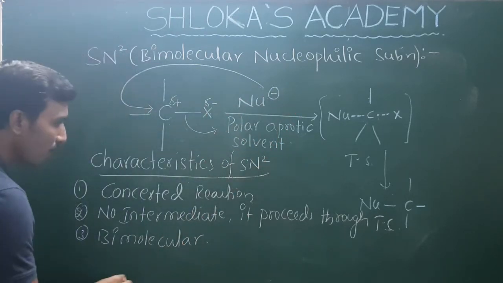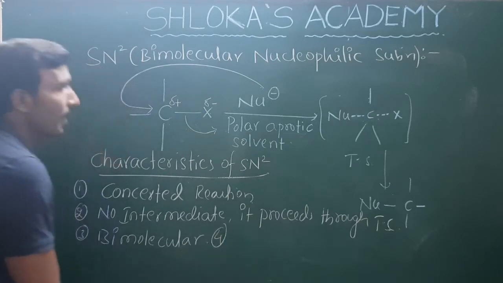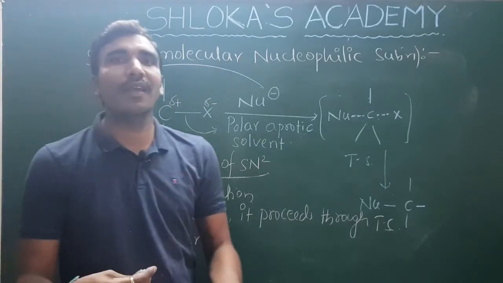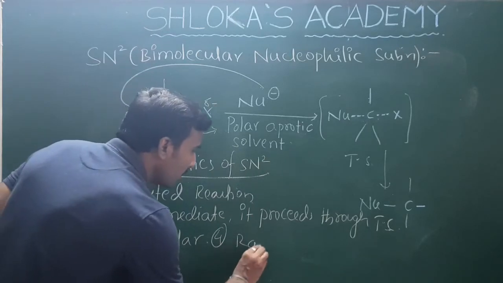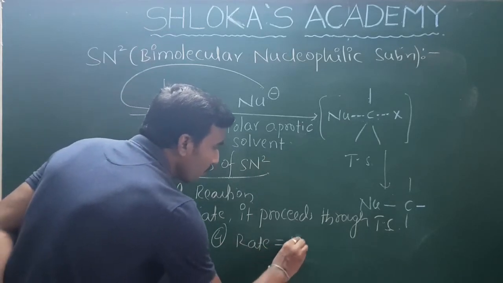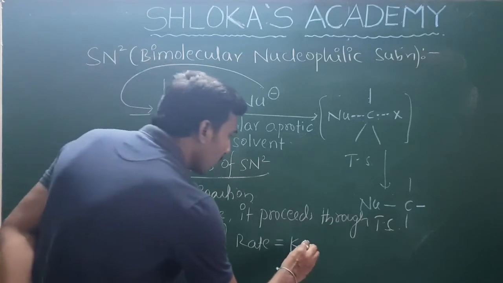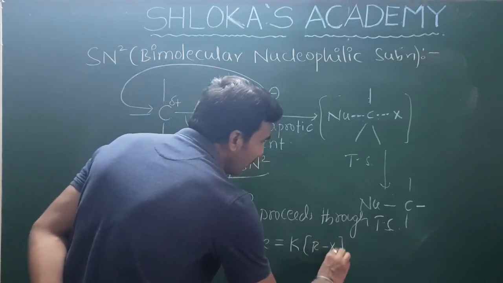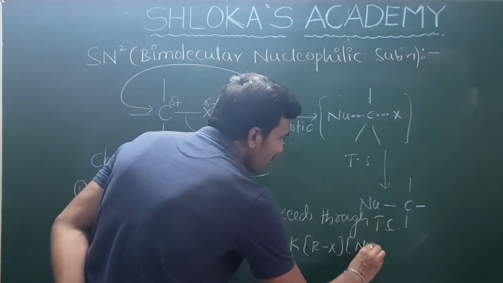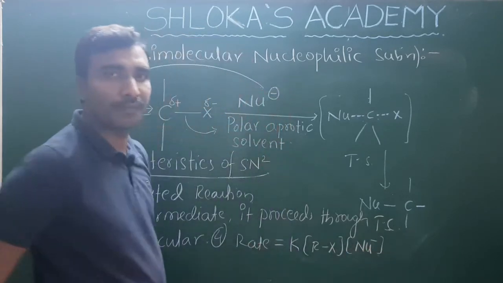Next, if you want to write the kinetics of the reaction, that means the experimental rate expression, I can write rate is equal to rate constant K into molar concentration of the substrate alkyl halide into molar concentration of the nucleophile.